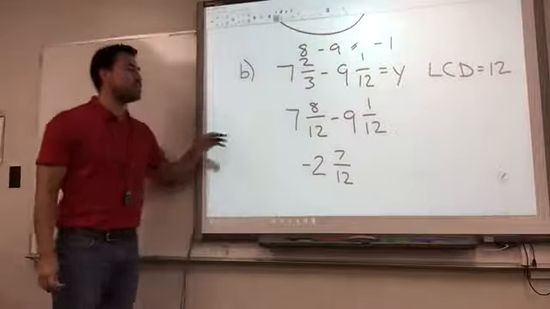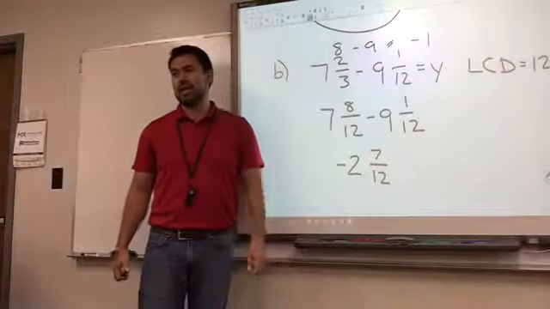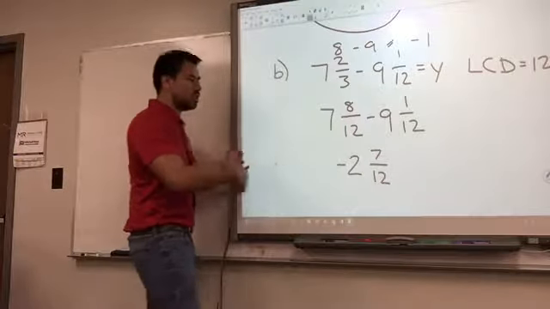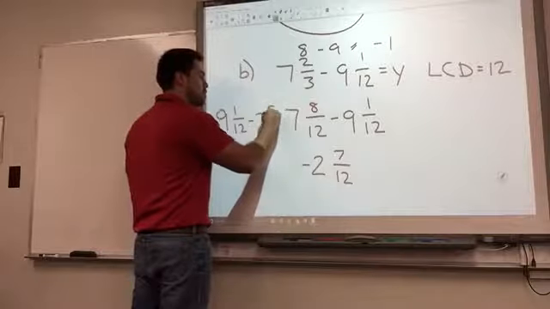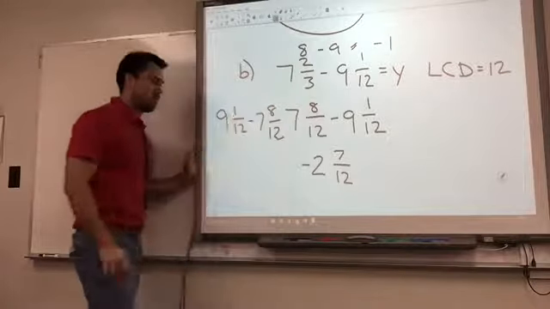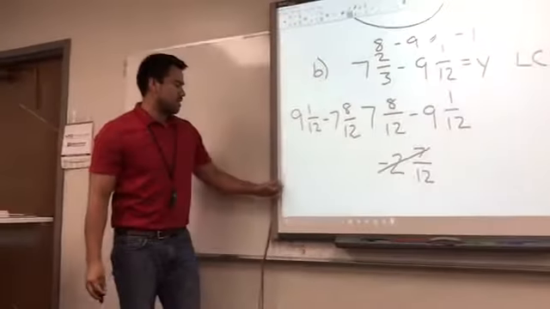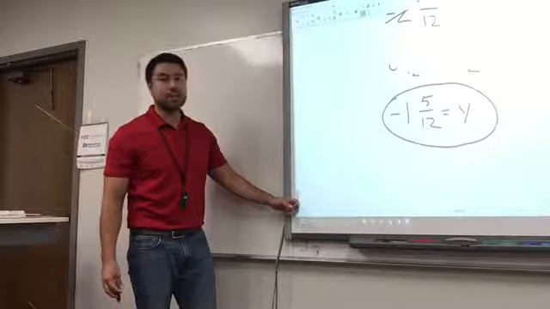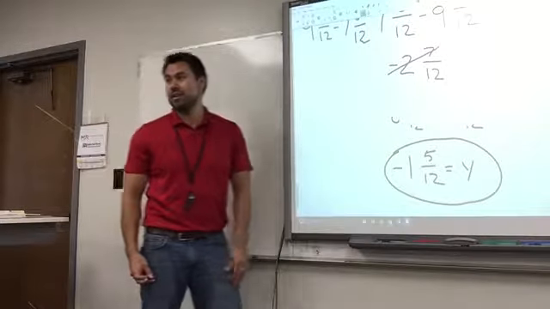If you put the bigger number up top in this problem, your answer is going to be negative, right? So you switch it around and it becomes 9 1/12 minus 7 8/12, and that one you could do after borrowing. So this is not the same answer, although they are related. Just not an easy way.